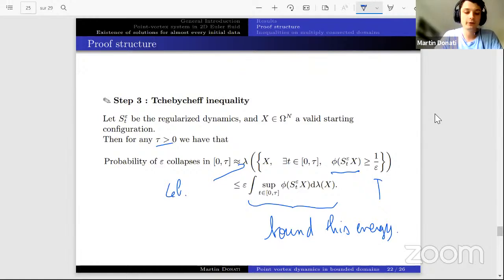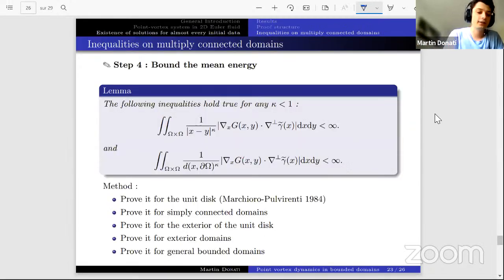That's the Liouville theorem. So you can simplify to a problem at the time 0. And what does it mean? It means that you can reduce the problem to some geometric inequalities that don't depend on time, don't depend on the dynamic at all, actually. Okay, so now it's just an analysis problem on the domain omega.